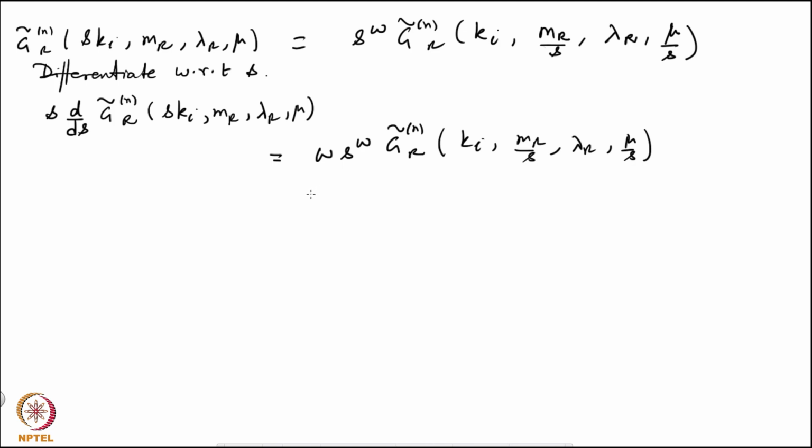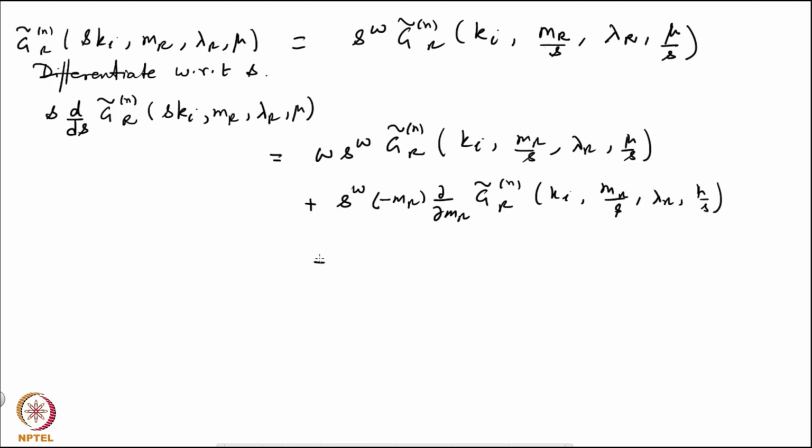Okay, let me write down the answer and then I will explain. Plus s to the omega minus mr del over del mr g tilde nr ki, mr over s, lambda r, mu over s.